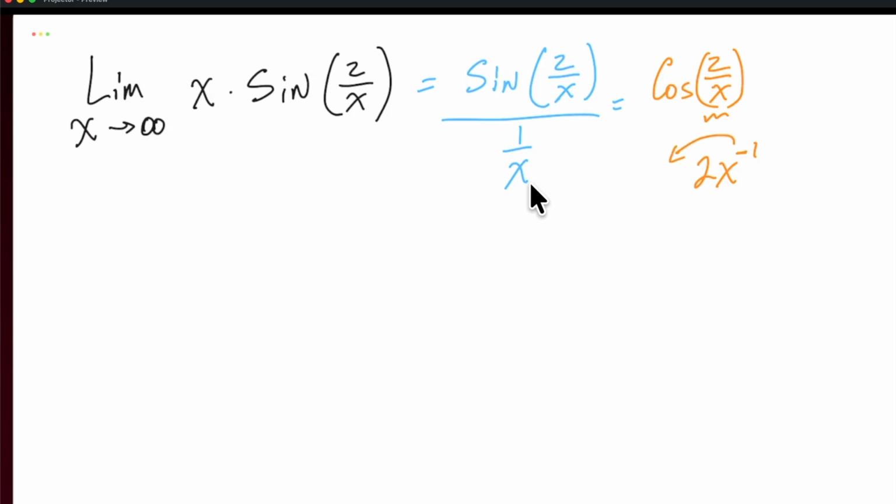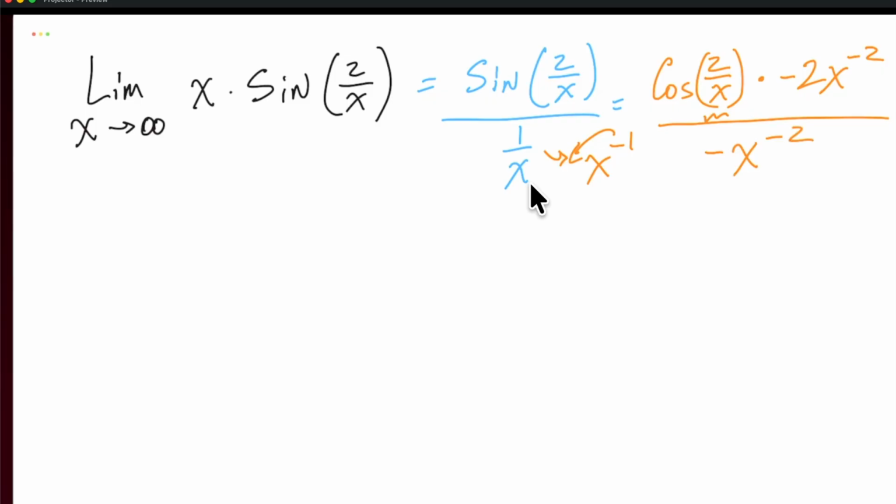So we're going to bring this out in front, and we're going to change that to negative 2x to the negative 2. All right, we're going to leave that alone in the numerator, and in the denominator, we're going to take the derivative of 1 over x, which is taking the derivative of x to the negative 1. We're going to pull the negative 1 out front, and we're going to get negative x to the negative 2.